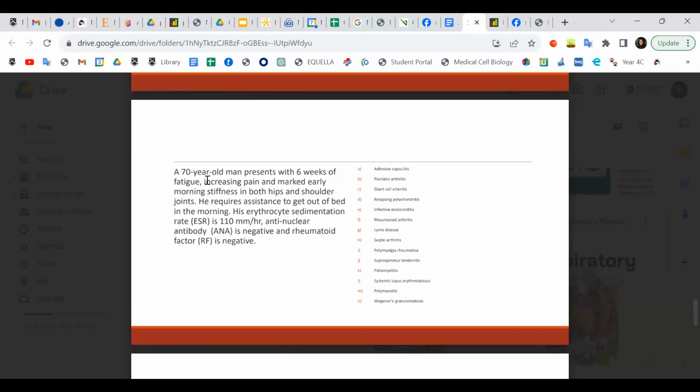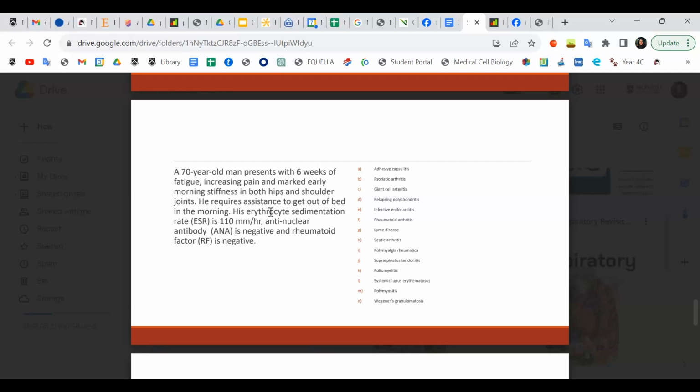Okay, this 70-year-old man has 6 weeks of fatigue, increasing pain, with early morning stiffness in both hips and shoulders. He requires assistance to get out of bed in the morning. ESR is increased.